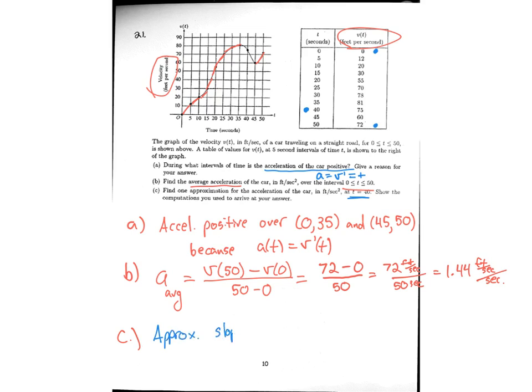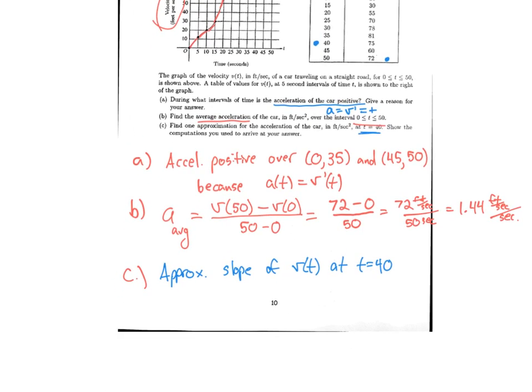So the approximate slope of velocity at t equals 40. So we're going to set up a few options that you could do. What you could do is you could find the slope between 35 and 40. You could find the approximate slope between 40 and 45, or you could also find the slope between 35 and 45.